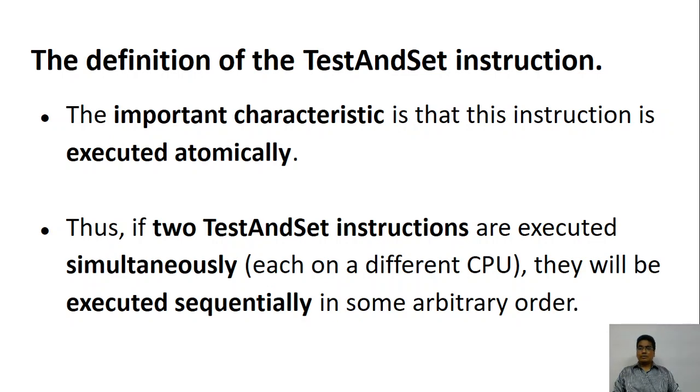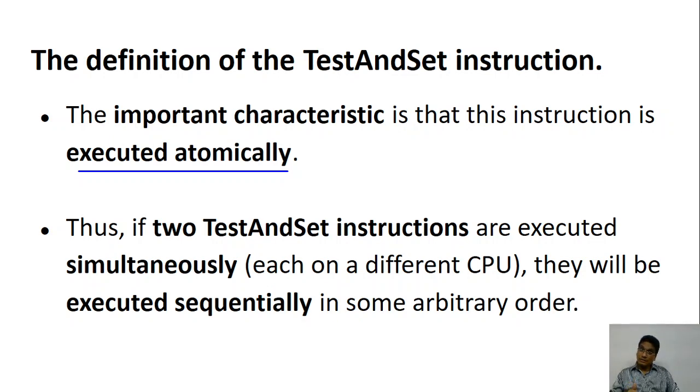You may say, what is so great about that instruction? What is great about this instruction is that it is executed in a single shot. Atomically it is executed. Even if this instruction is executed in two different CPUs, only one of them will be allowed to do it.